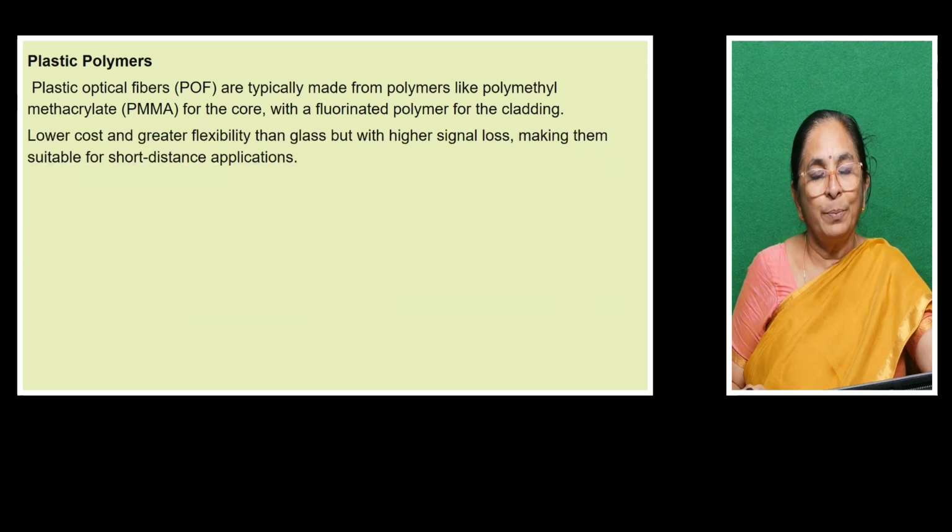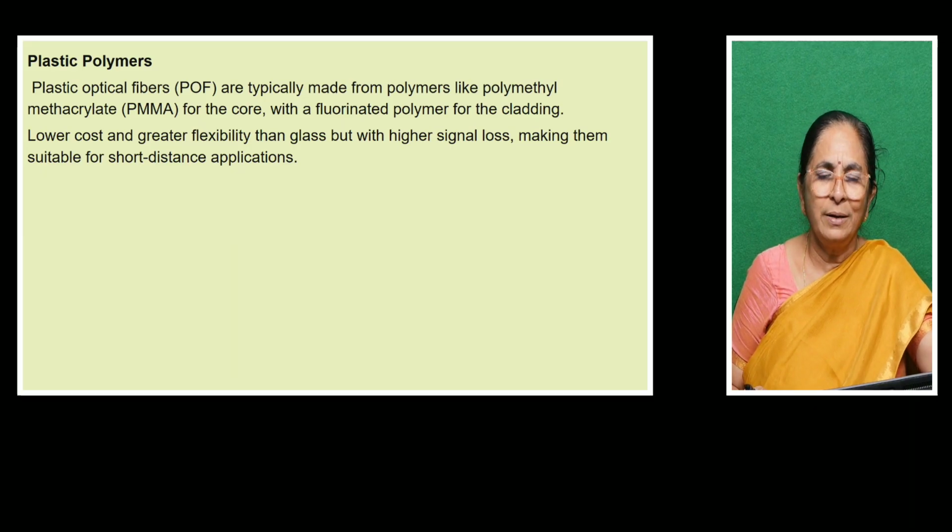And these plastic polymers, the name plastic itself tells that it is very lightweight. So it is much cheaper than glass, because to prepare glass you have to heat them to more than 1000 degrees Celsius, whereas for plastic, that much temperature is not needed. So manufacturing glass is costlier than manufacturing plastic.